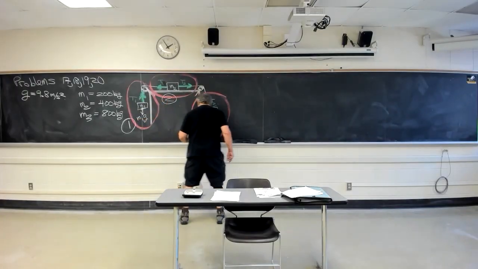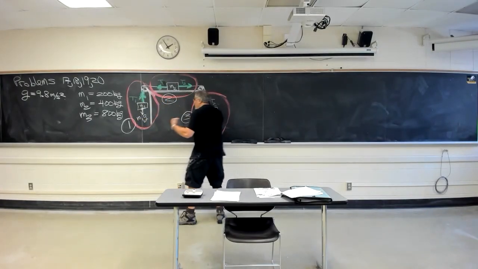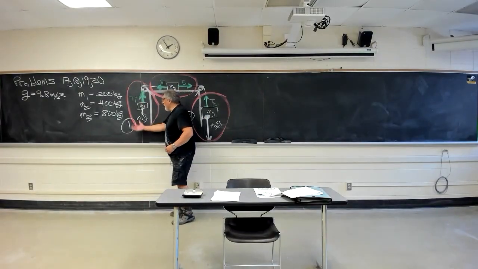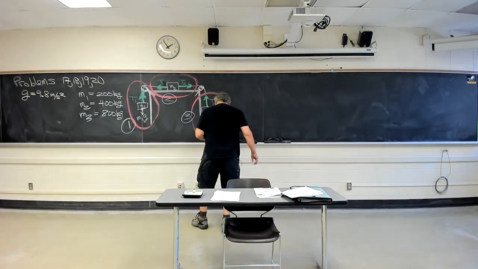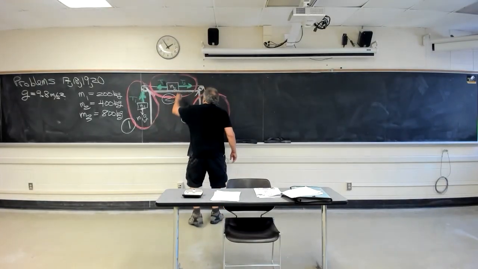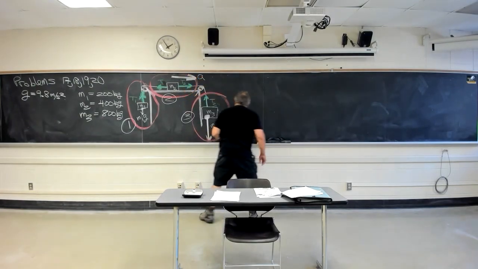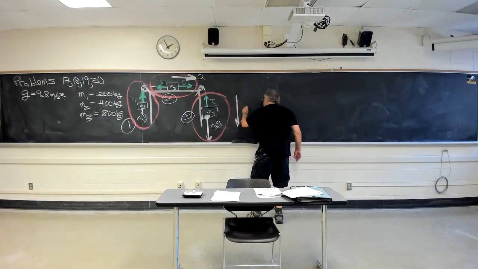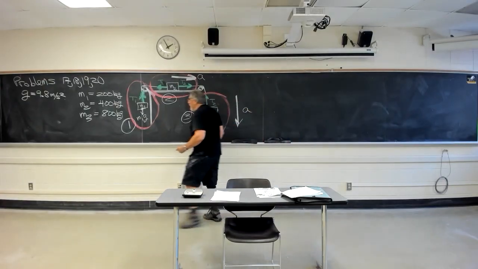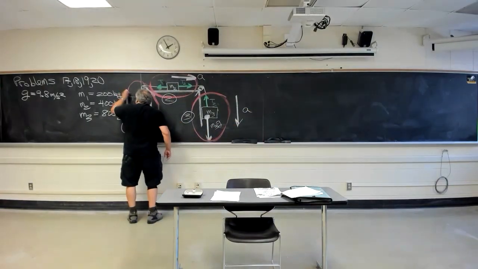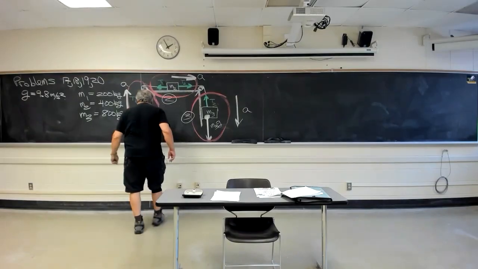This is location 2, and this is location 3. And inside of this, all the physics that we need is there for each one of those. We're assuming there's an acceleration taking place this way. And since they're all attached, there's an acceleration taking place that way, and there's an acceleration taking place this way.